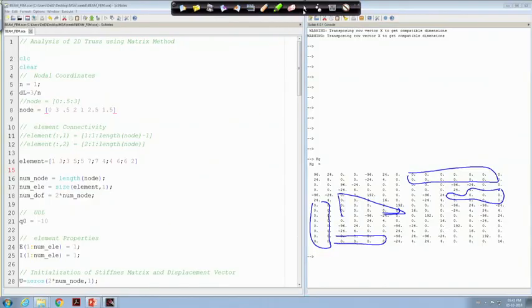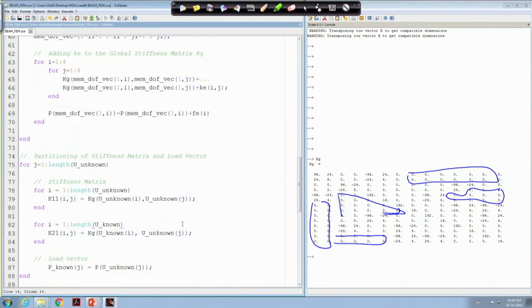When you write your own code, please keep that in mind. There is literature which tells you the best possible way to number elements, so that you can get a banded stiffness matrix. So, this is the solution of the beam.